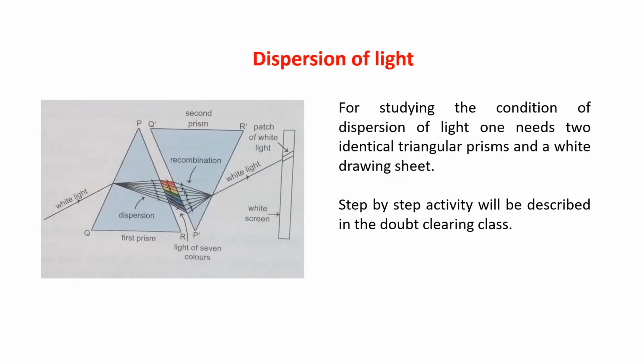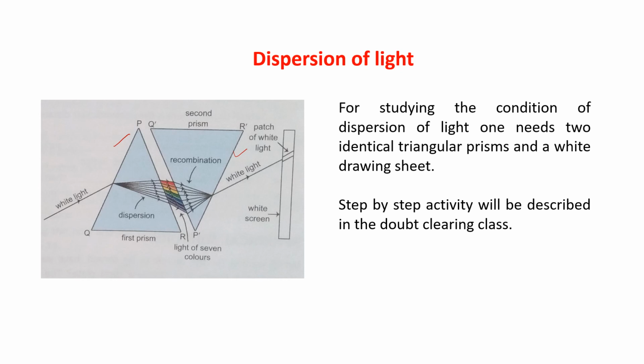For studying the condition of dispersion of light, one needs 2 identical triangular prisms. One is this one, another is this one, and a wide drawing sheet. And what is happening? How it is happening? First of all, it is dispersed into 7 colors.